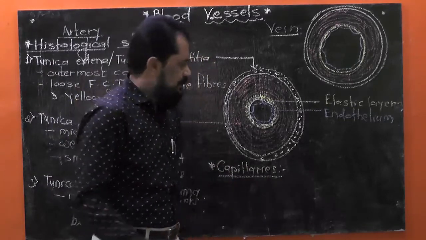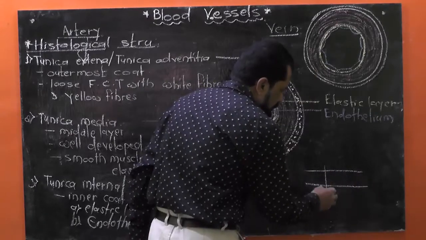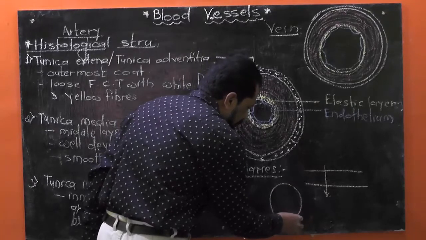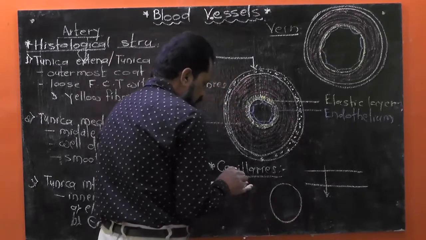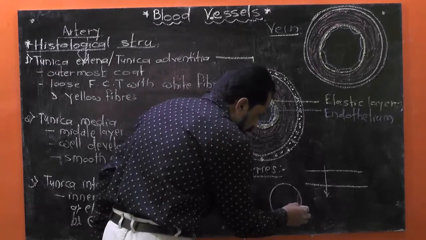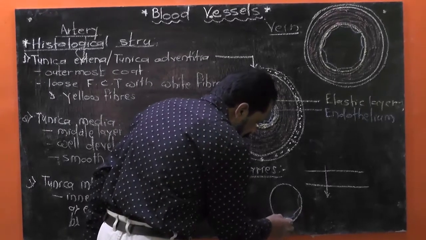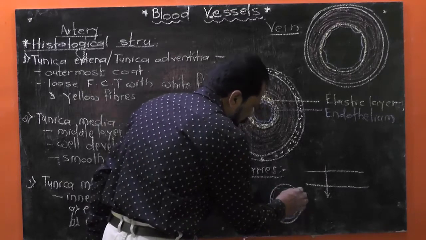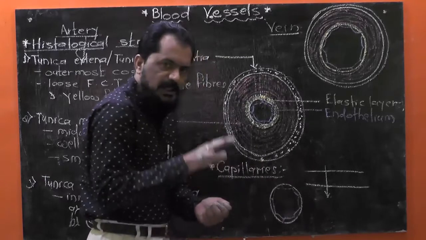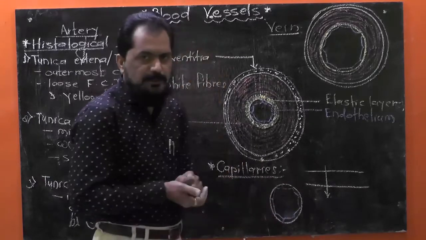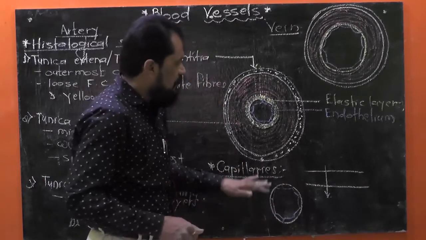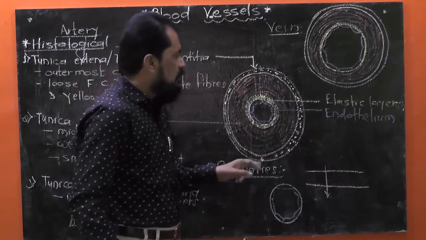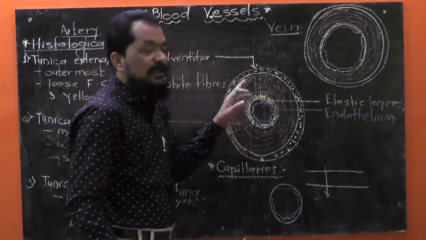The capillaries are thin walled, and the wall of capillary is simply made up of a single layer of flat squamous epithelial cells, that is endothelium, and these endothelial cells rest on the basement membrane. It means here is no tunica externa, no tunica media, also there is no such an elastic layer.